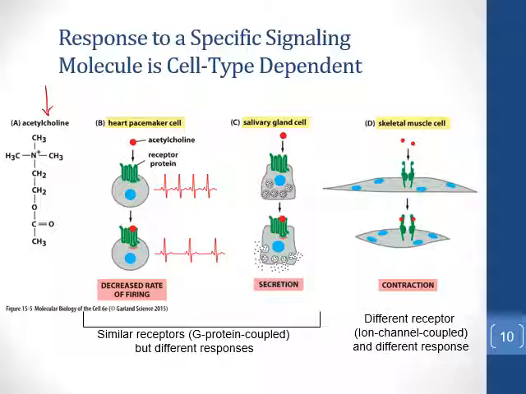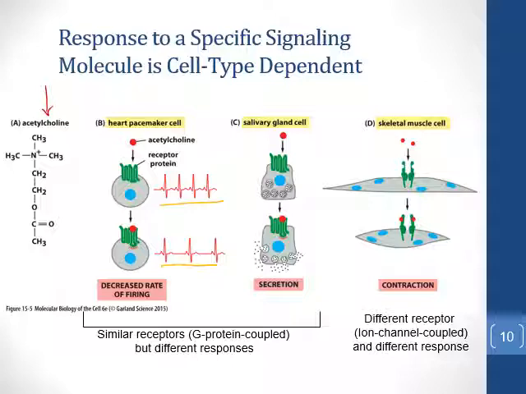So here's acetylcholine. That's your first messenger, your signal binding to its receptor protein, the acetylcholine receptor. And when it binds, look what happens. If you look at this EKG readout down here and compare this to this, you can see that contraction has slowed down. So we have decreased firing.